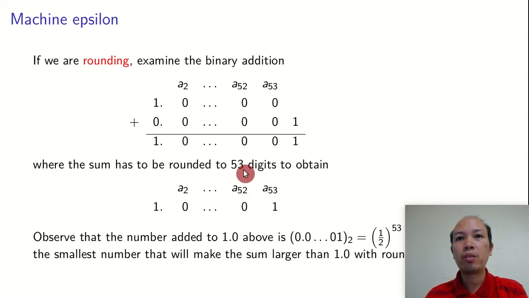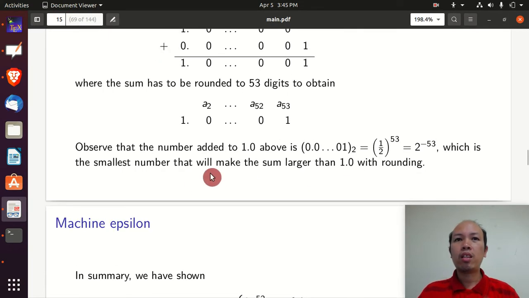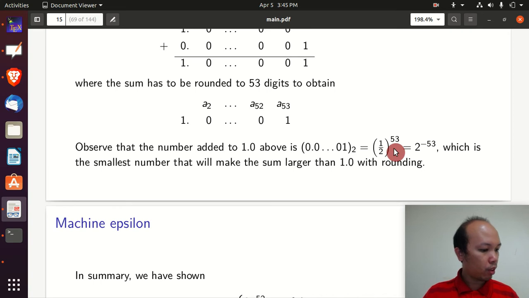When we round to 53 digits, we add 1 to this one here, and after adding, if we convert this one here, forget about this integral part, it will add up to 53.